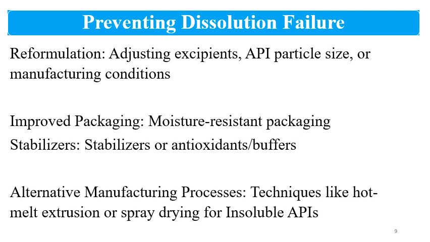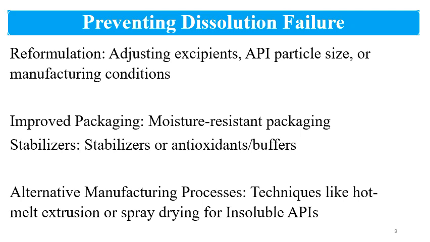You can use improved packaging to have a moisture resistant pack or to prevent the moisture ingress. You can use stabilizers, antioxidants, buffers to have dissolution similarity for the stability period. Alternative manufacturing processes can be used.